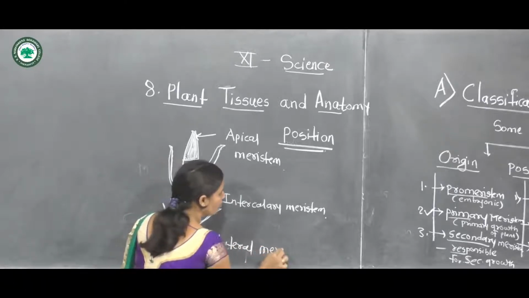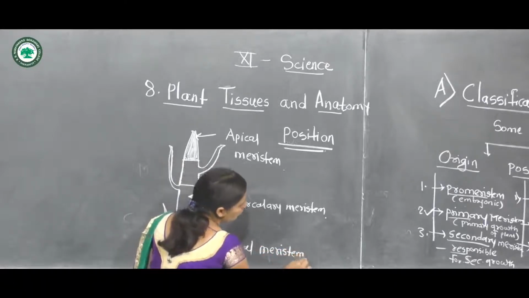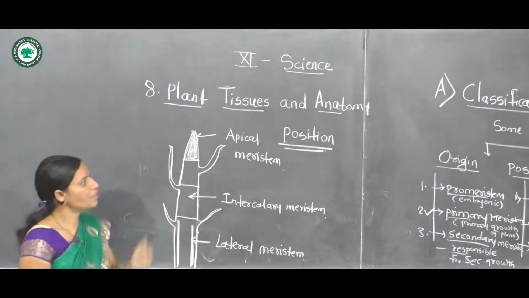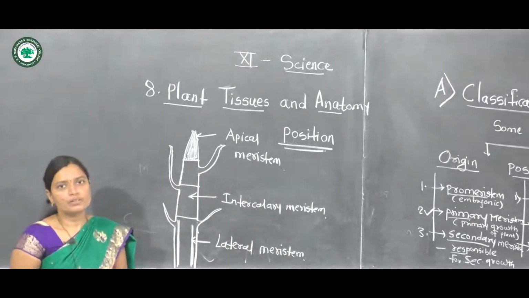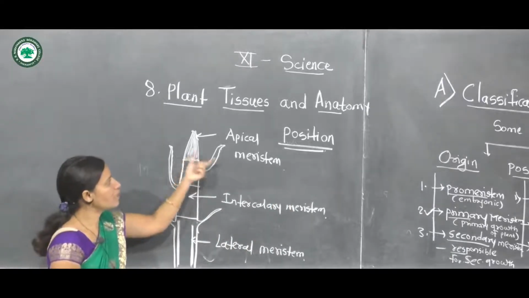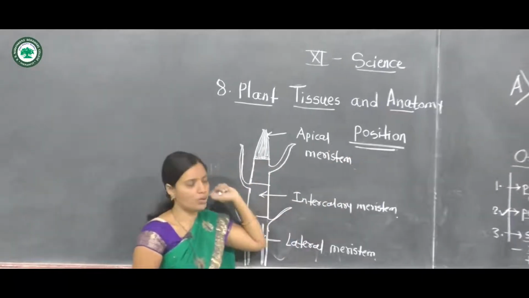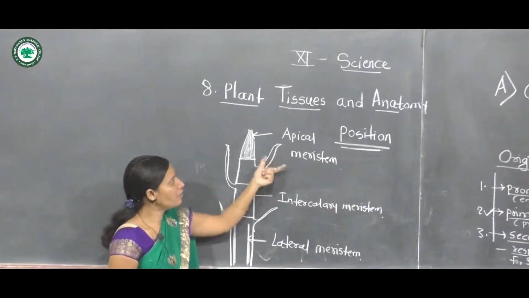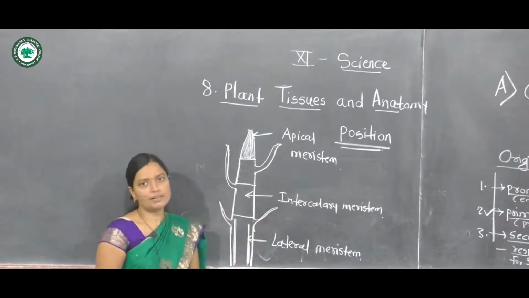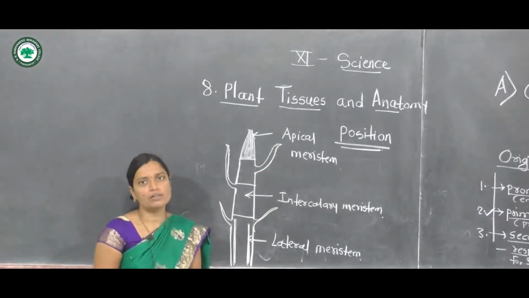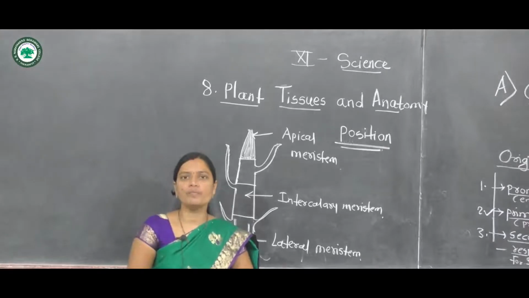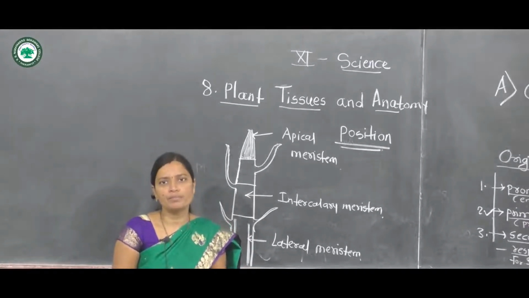So for the classification of meristem according to position, there are three types: apical meristem, intercalary meristem, and lateral meristem. The first type is the apical meristem.